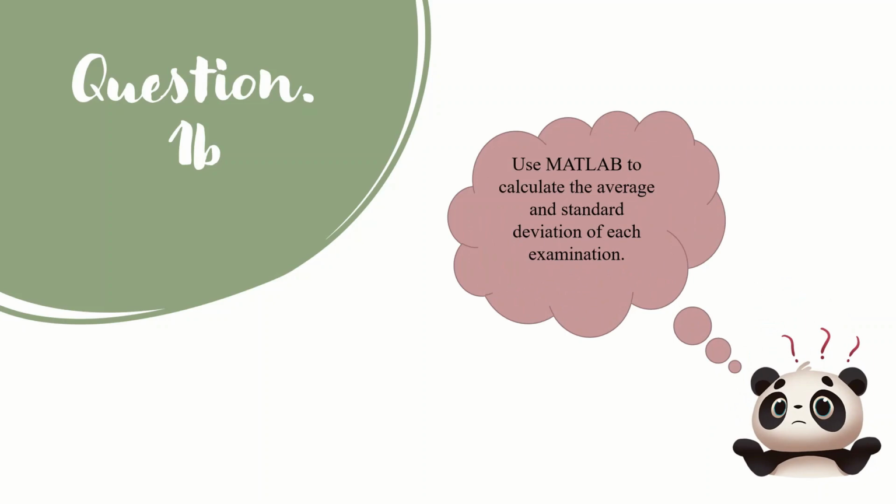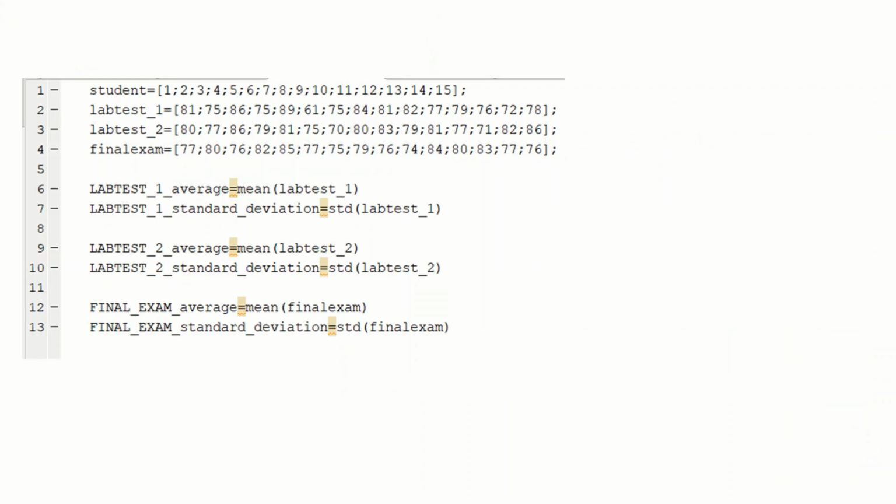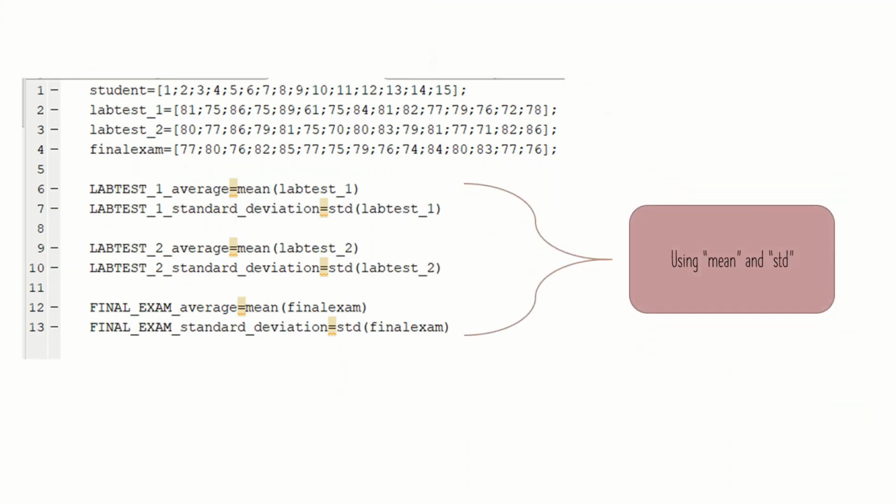Use Matlab to calculate the average and standard deviation of each examination. Let's see the code. First, we're using back the same data and then using mean to find the average and STD as standard deviation. Inside the bracket is the data that we want to find its mean or standard deviation.